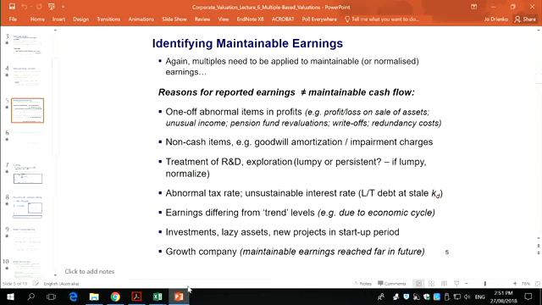Which means the earnings would be artificially small because it's missing 3 months of earnings from Good Guys. So we as analysts would have to increase, in one of these adjustments we make as we go from reported to maintainable, the reported earnings for those 3 months of Good Guys sales and profit that the company never received.